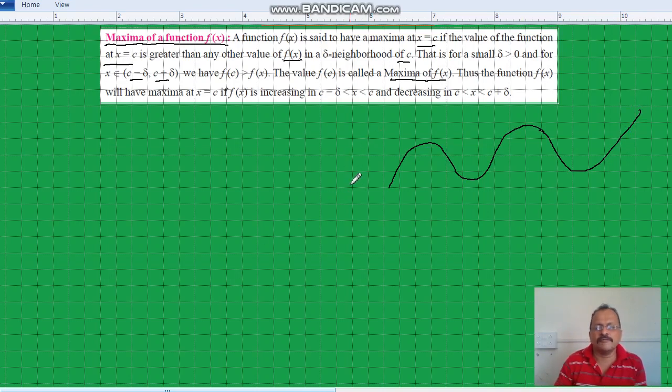Here in this graph, this point number 1, point number 2, point number 3 and point number 4.